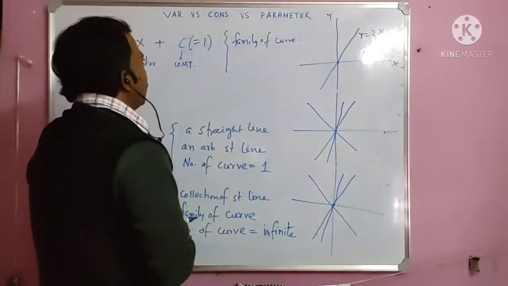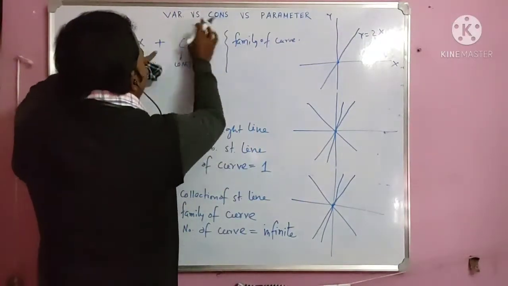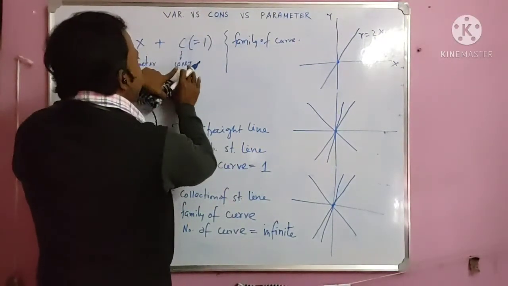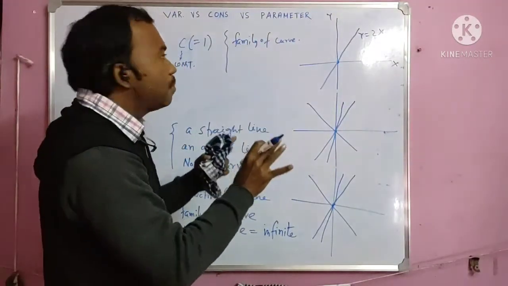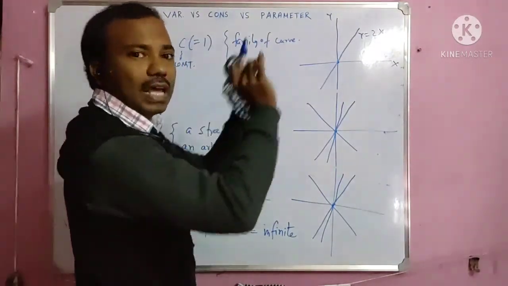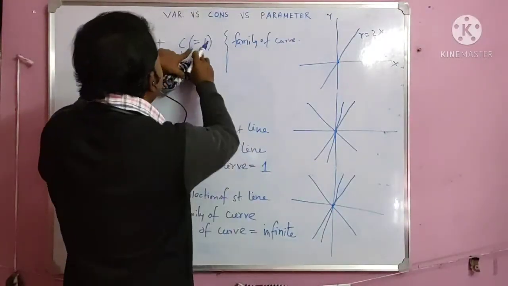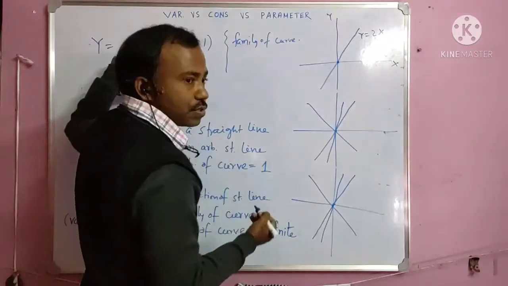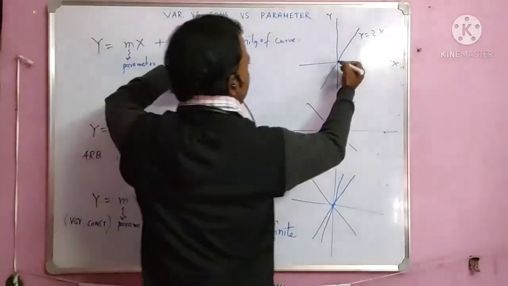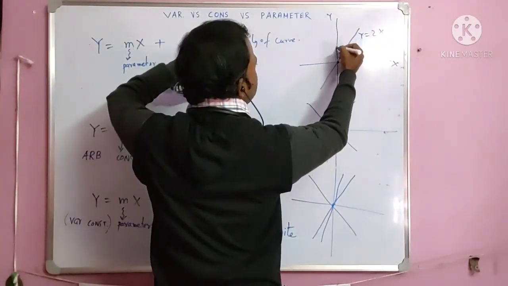If we want to see what happens with this constant, it will just shift this whole family of curves to another point, at the point C. So C is 1 here. Look, if I put x equals 0, y becomes 1.